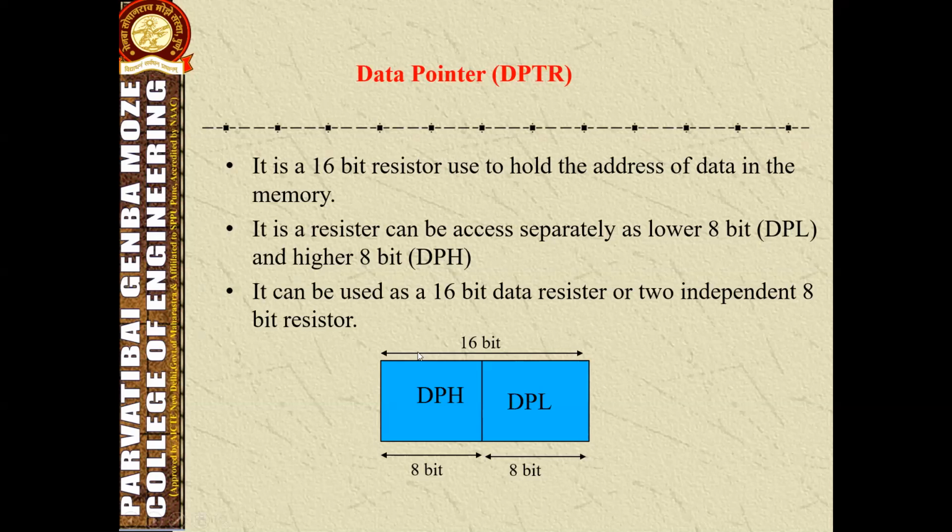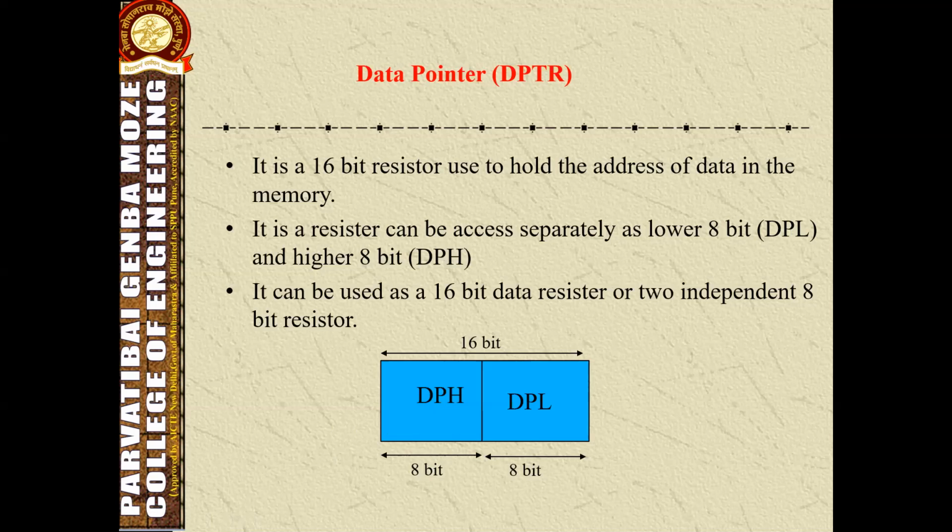We can use it as a whole 16-bit register, or according to our application we can use just half of it. If my application requires only an 8-bit data pointer, we can access the halves individually, one by one. The data pointer is a base register in instruction handling for lookup tables and external data transfer.